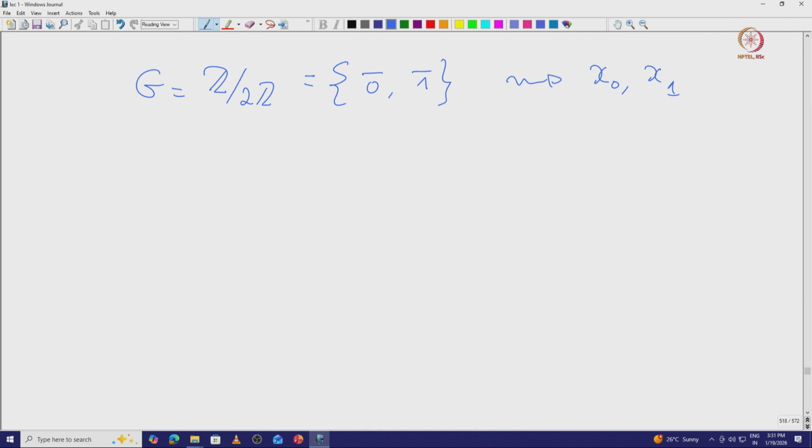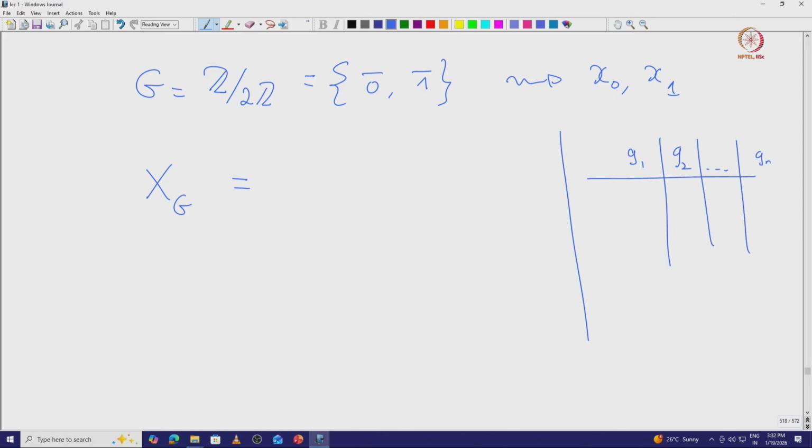So, now what is the matrix Xg? Recall Xg is, so you have G1, G2 and so on, Gn, and here again you have G1, G2 and so on.